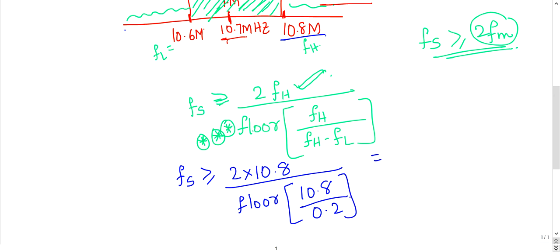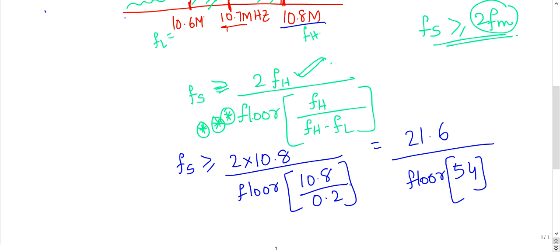This yields 21.6 divided by floor of 10.8 divided by 0.2, which gives us 54.